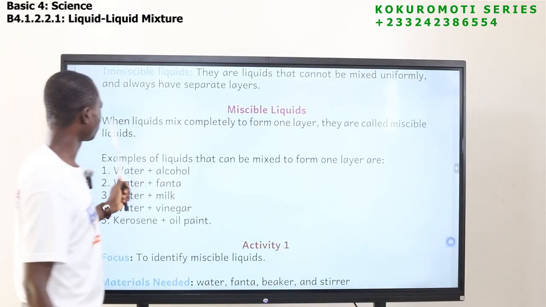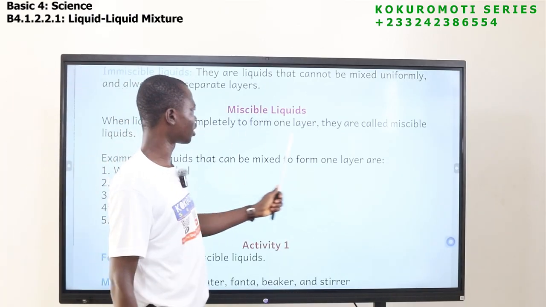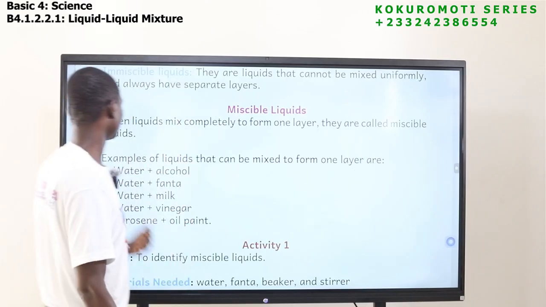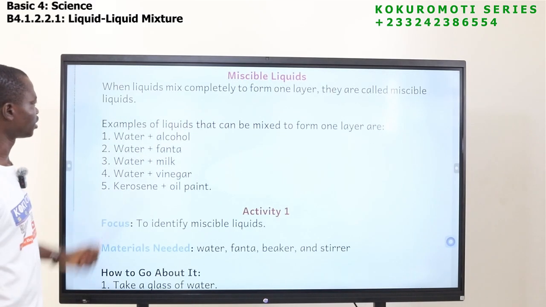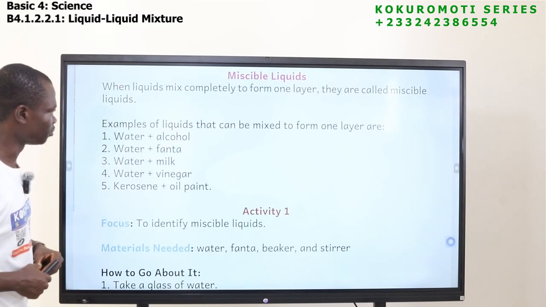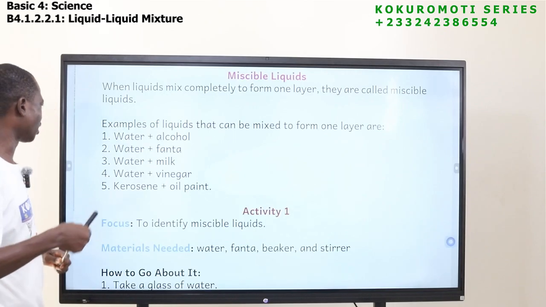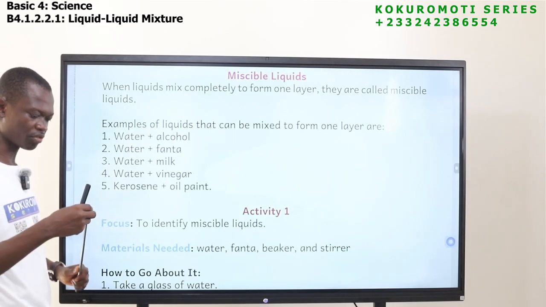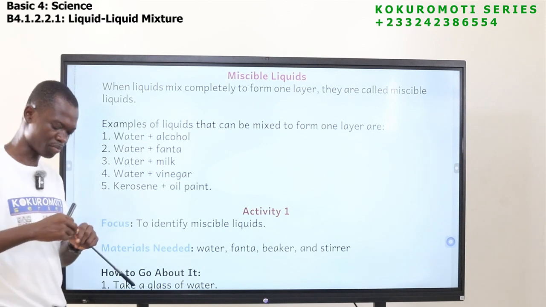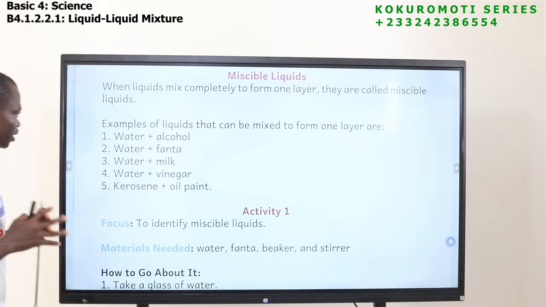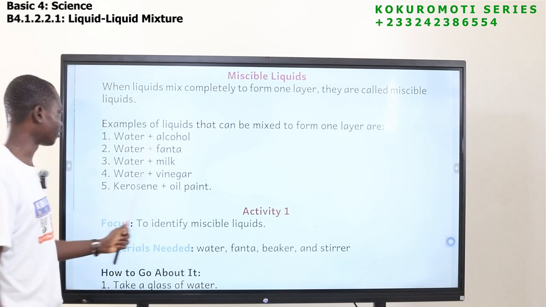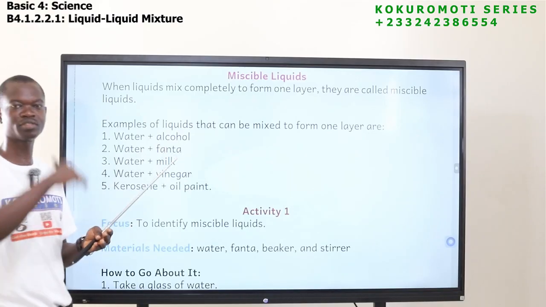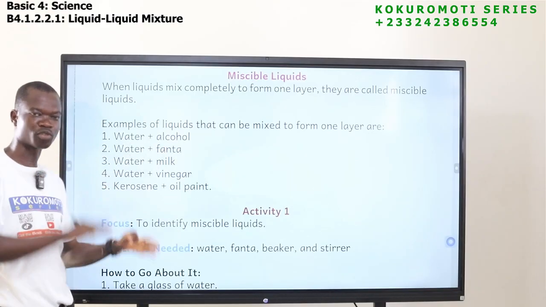When liquids mix completely to form one layer, they are called miscible liquids. So examples of liquids that can be mixed to form one layer, we have water and alcohol. If you mix them, they mix completely to form one layer. Water and Fanta, if you mix them, you will not see Fanta differently from water.